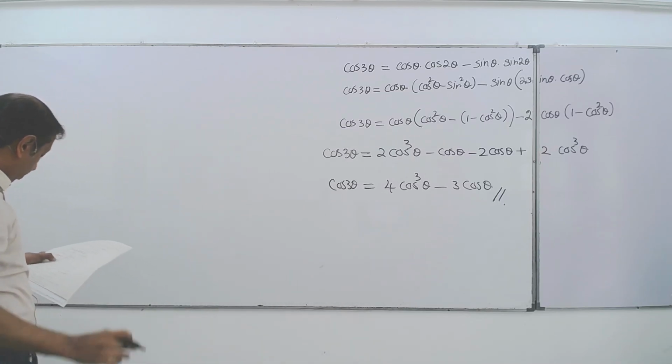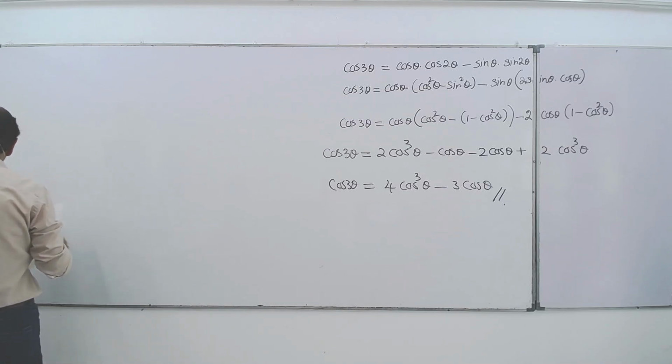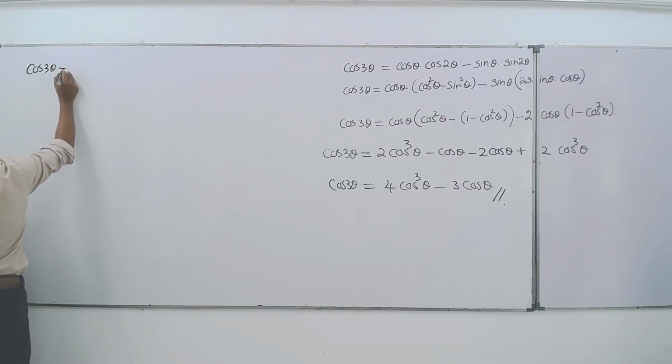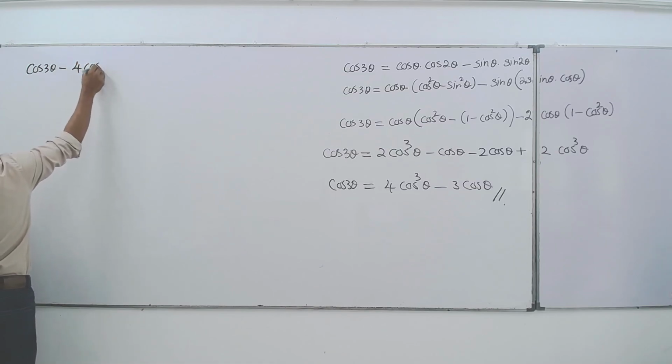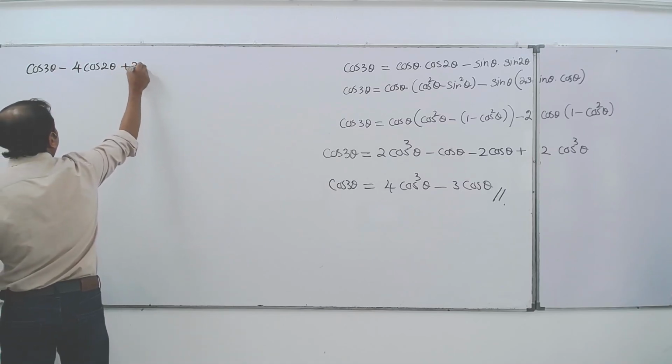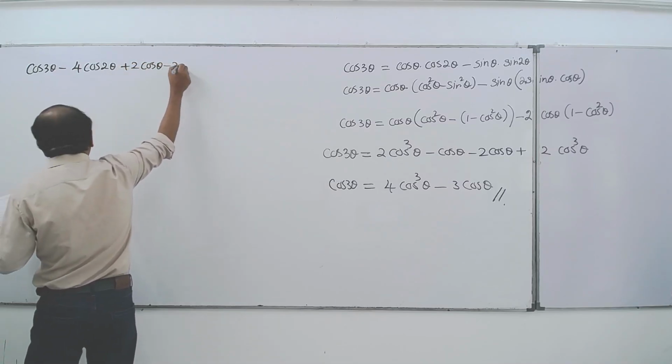Now the given equation is cos 3 theta minus 4 cos 2 theta plus 2 cos theta minus 2 equals 0.